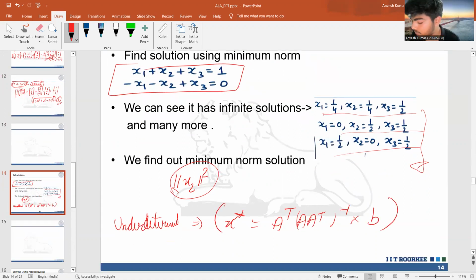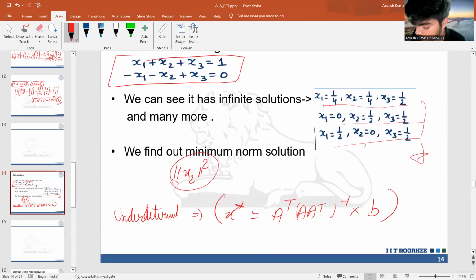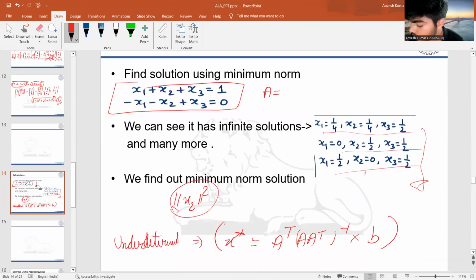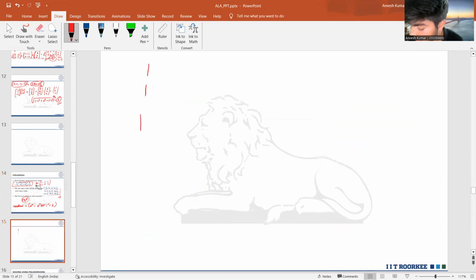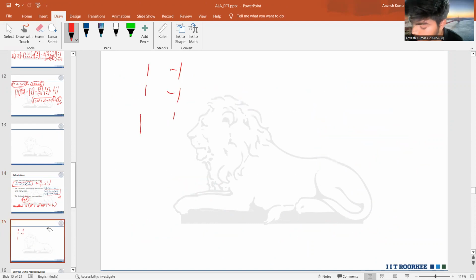So let's calculate that. What is our A? First, let's mark our A. A is 1, 1, 1, minus 1, minus 1, 1. So A transpose will be 1, 1, 1, minus 1, minus 1, and 1.